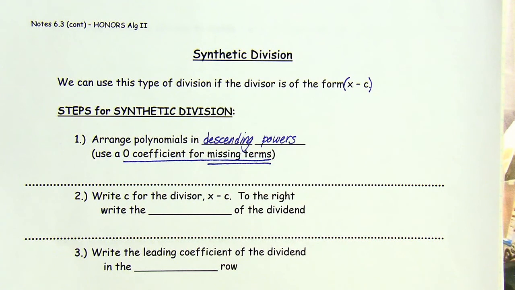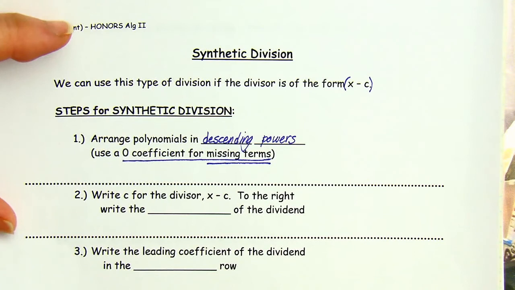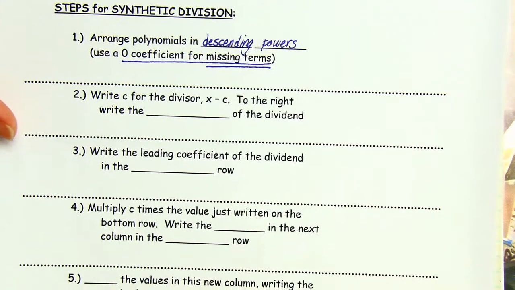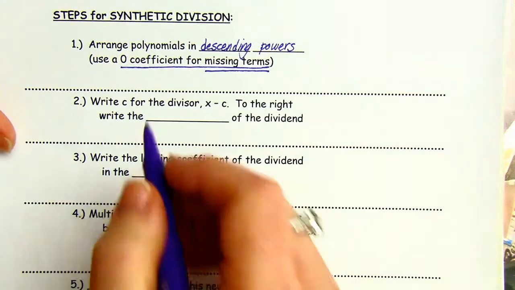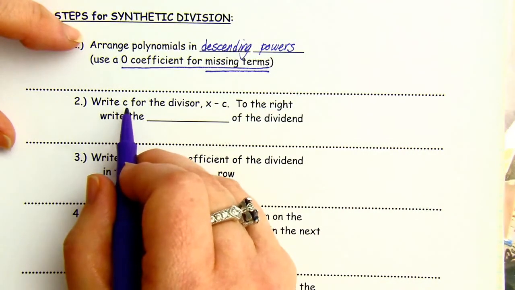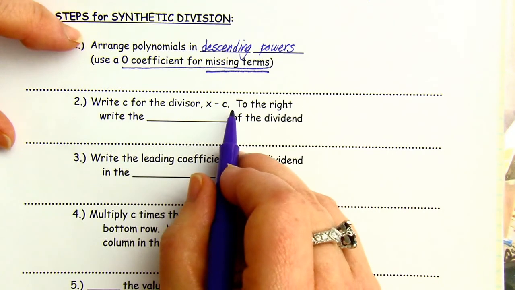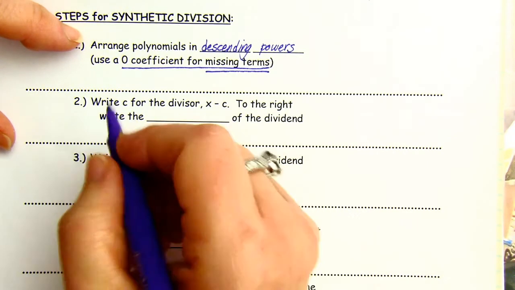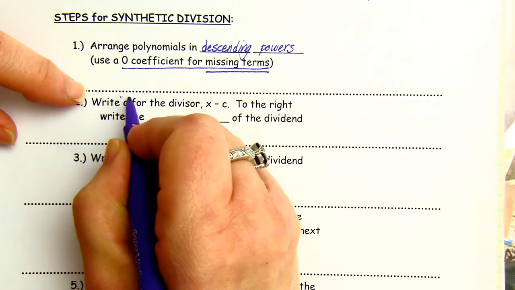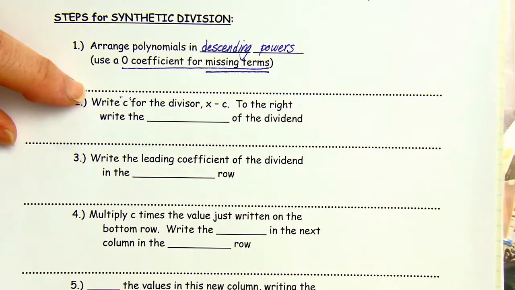Okay, so I'm going to go through filling in this part of the notes, and then we're going to do an example. And I'm going to do the example many times, just so that you know what each step is talking about. All right, second thing we do is we identify c, and we write it down. So if the divisor is x minus c, then our c value is positive c. Okay, so it's always the opposite sign.